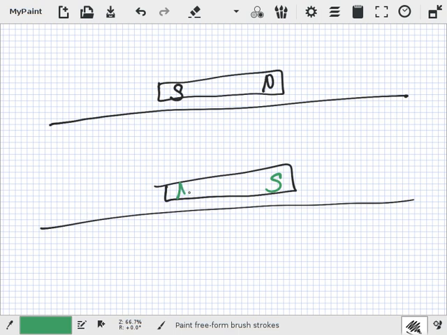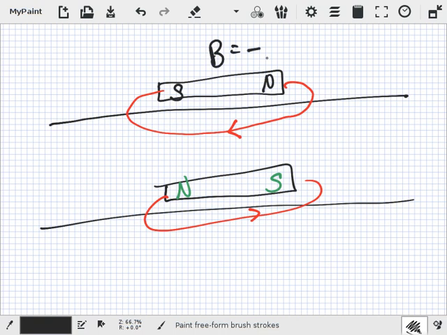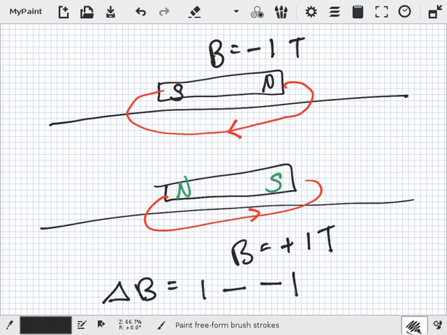Here the magnet goes north to south, and here it goes south to north. In this picture, we could say the B is minus 1 Tesla because it's going to the left, and here the B is plus 1 Tesla. So what's the change in B? That would be 1 Tesla minus minus 1 Tesla, that would be 2 Tesla. It's changed from negative to positive.